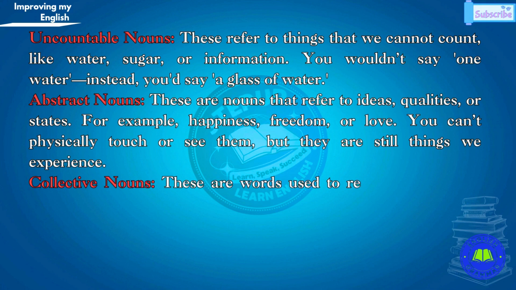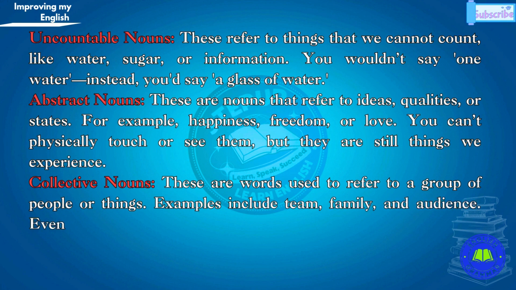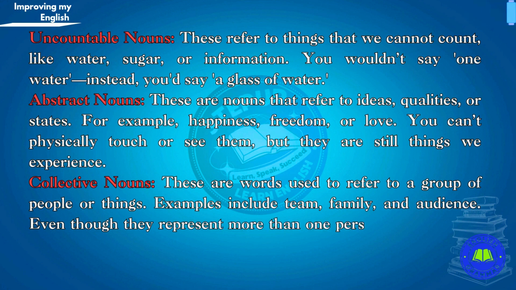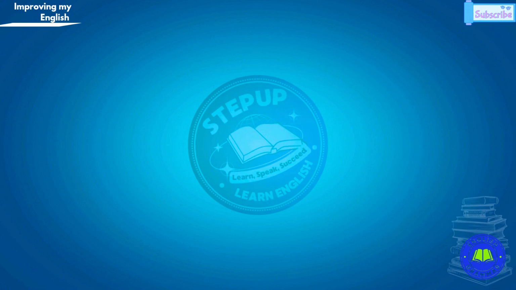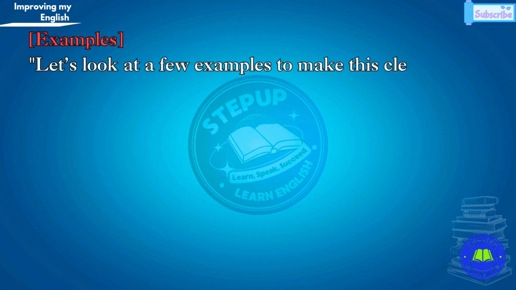Collective nouns. These are words used to refer to a group of people or things. Examples include team, family, and audience. Even though they represent more than one person or thing, they are treated as singular. Examples. Let's look at a few examples to make this clearer.